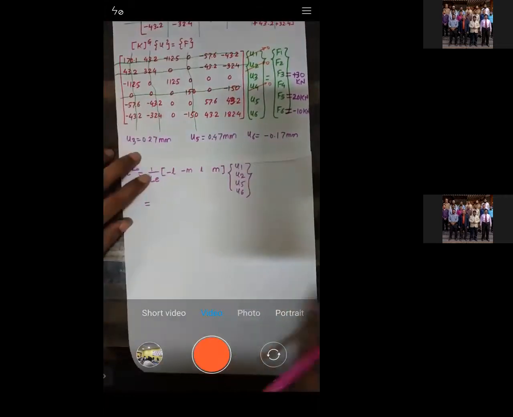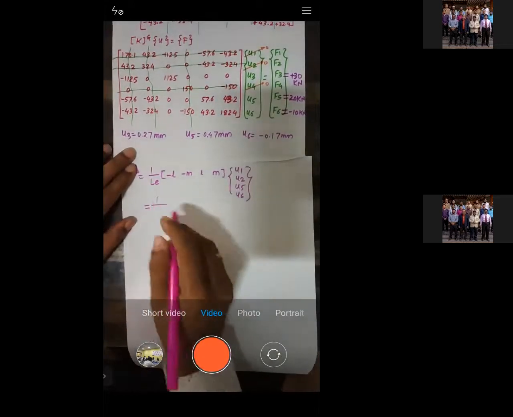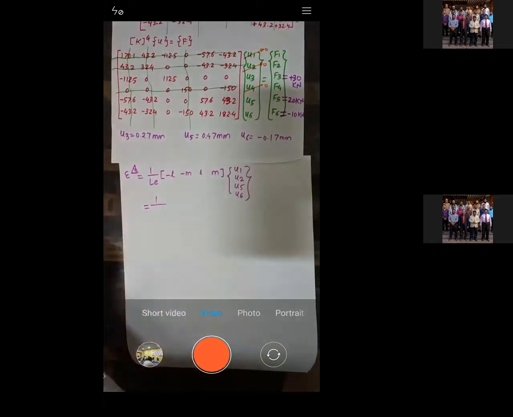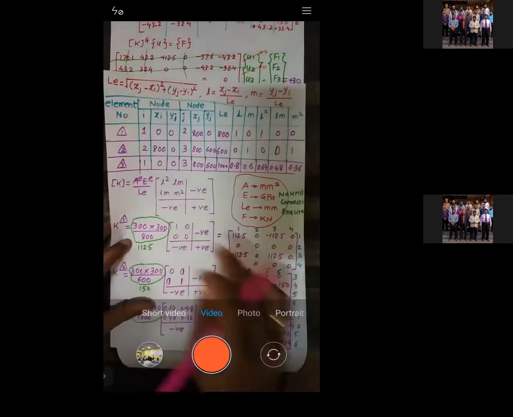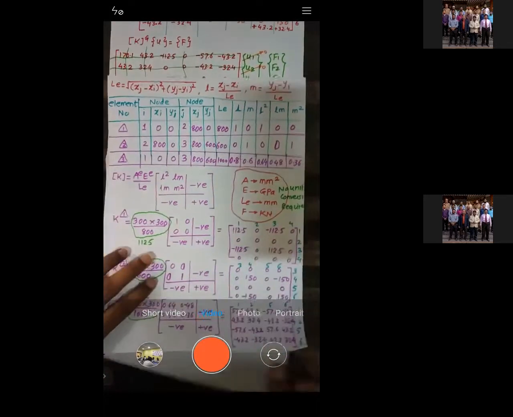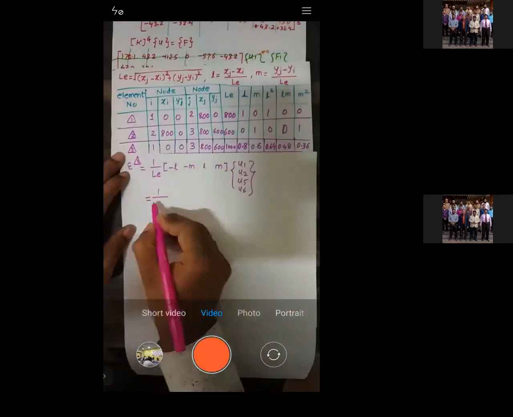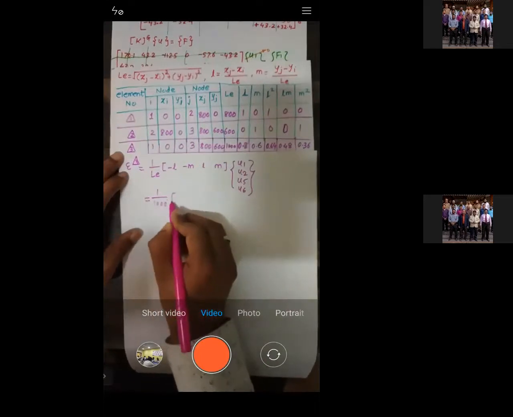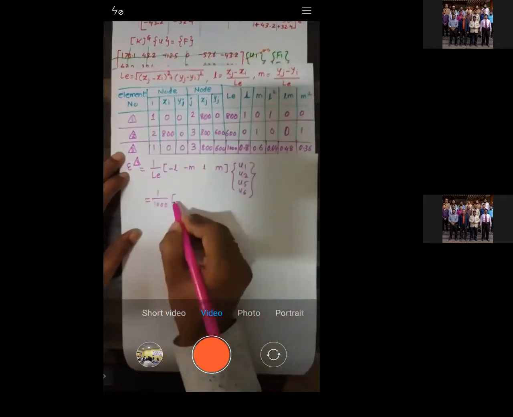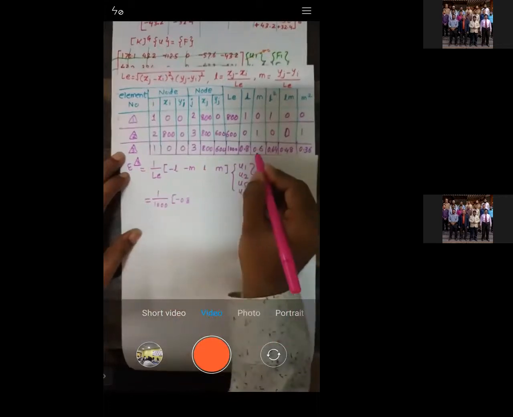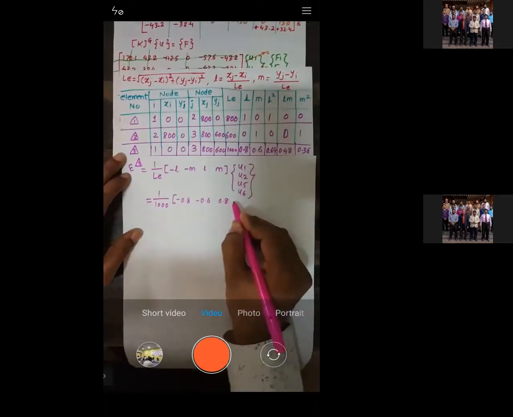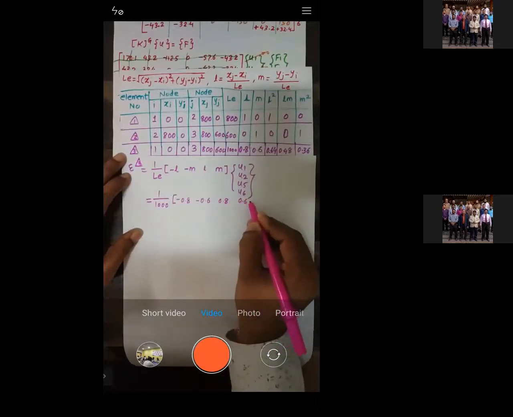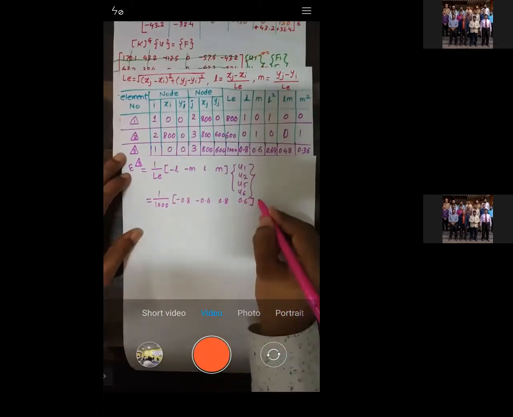Now let us put in the values which we have calculated. So 1 by the length of element number 3 is 1000. 1 by length of element number 3 is 1000 into minus L, that is minus 0.8, minus M, that is minus 0.6, where L is 0.8 and M is 0.6, into U1, U2.